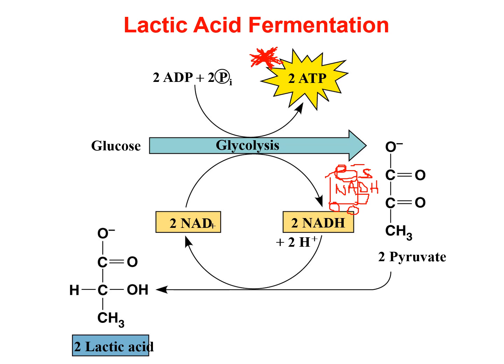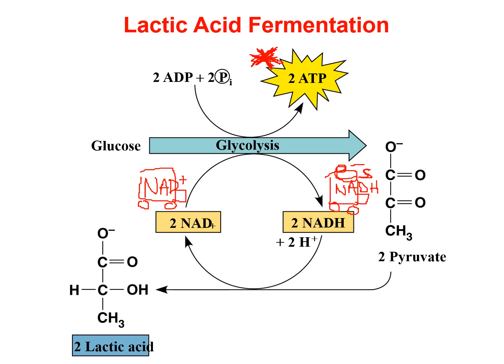But because there's no oxygen available, then NADH is like, well, I got to put the electrons somewhere. So here in lactic acid fermentation in our muscle cells, we're just going to dump the electrons right onto this organic molecule, pyruvate. And so we just dump them there, and that gets rid of the electrons, and we end up making lactic acid.